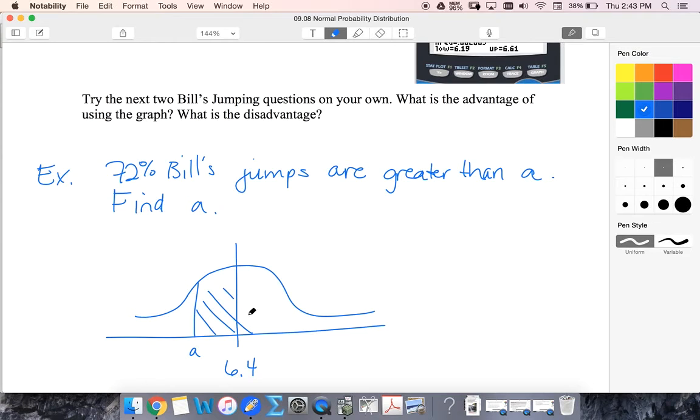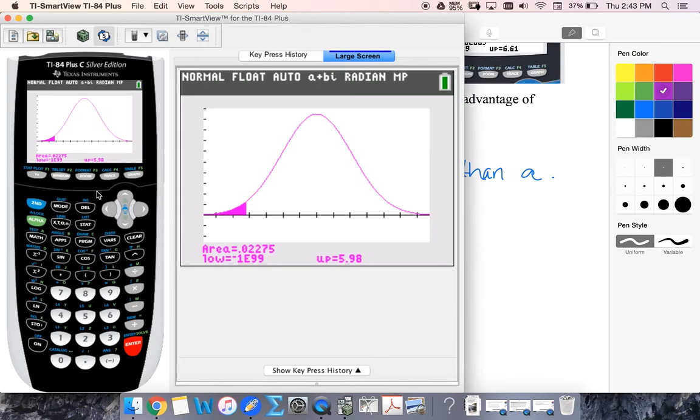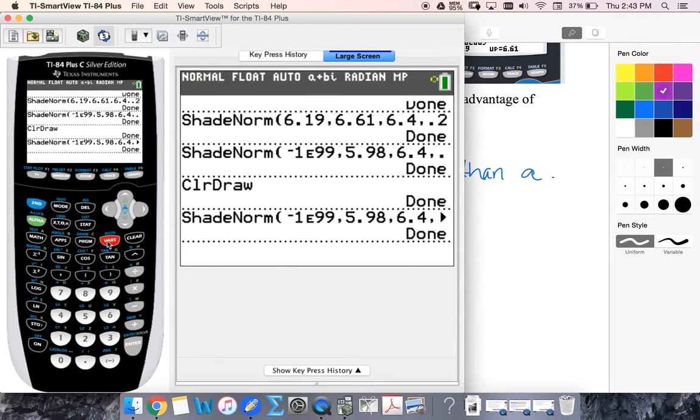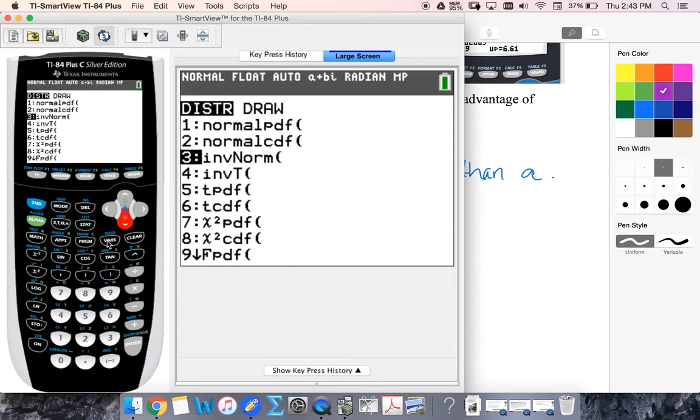So we know that this area is 72%. That means we know that this area is 28%.